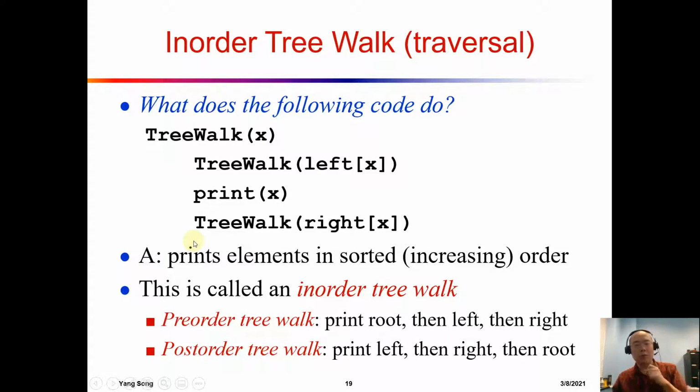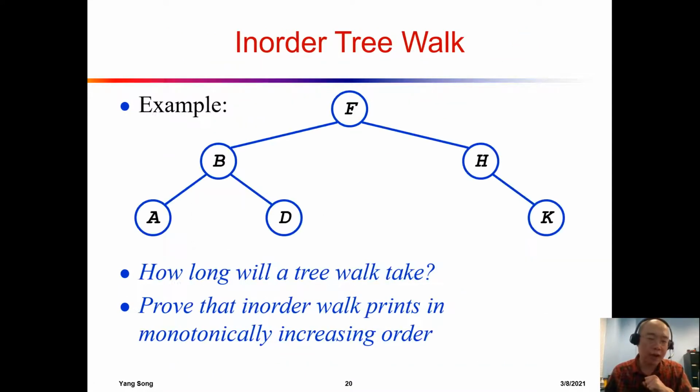So there are three different ways: in-order, which puts this line visiting the root in the middle; pre-order, where you use this line at the very beginning; or post-order, where you use this line at the very end after you have visited both the left subtree and the right subtree. Those are three different ways of doing the tree walks.